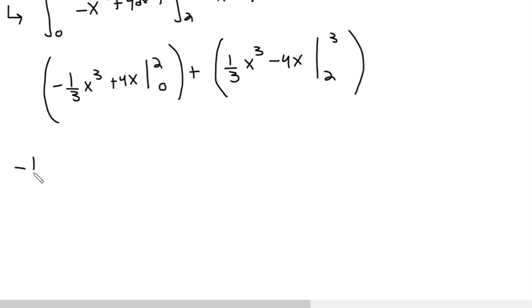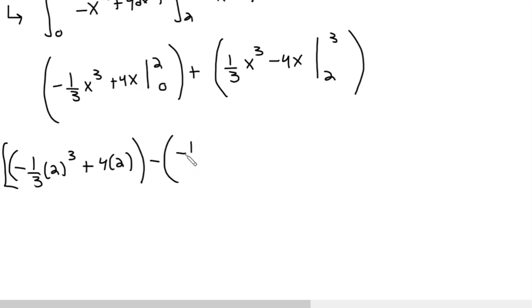So negative 1/3 times 2 cubed plus 4 times 2, minus negative 1/3 times 0 cubed plus 4 times 0.